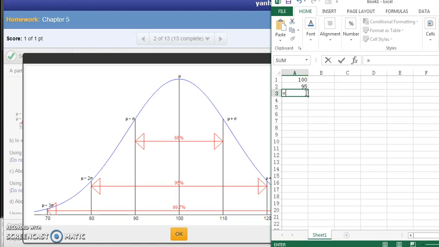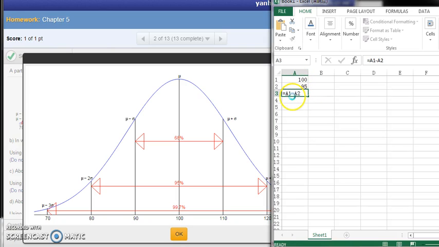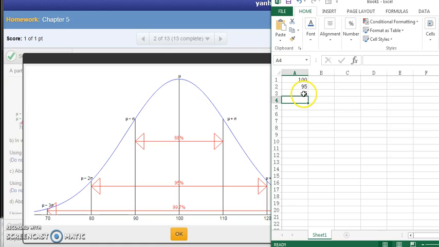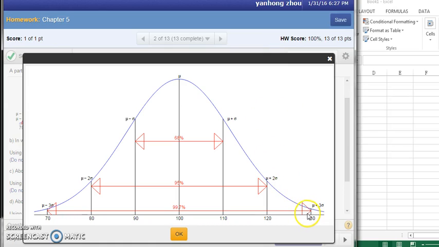So if you do 100 minus the 95%, you get 5% left. This is 5%. However, the 5% means this side plus this side. Okay, this side plus this side.